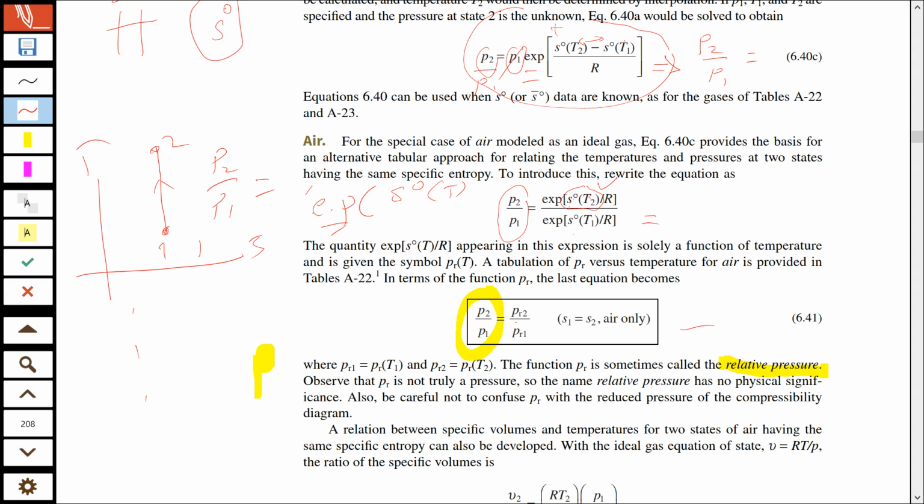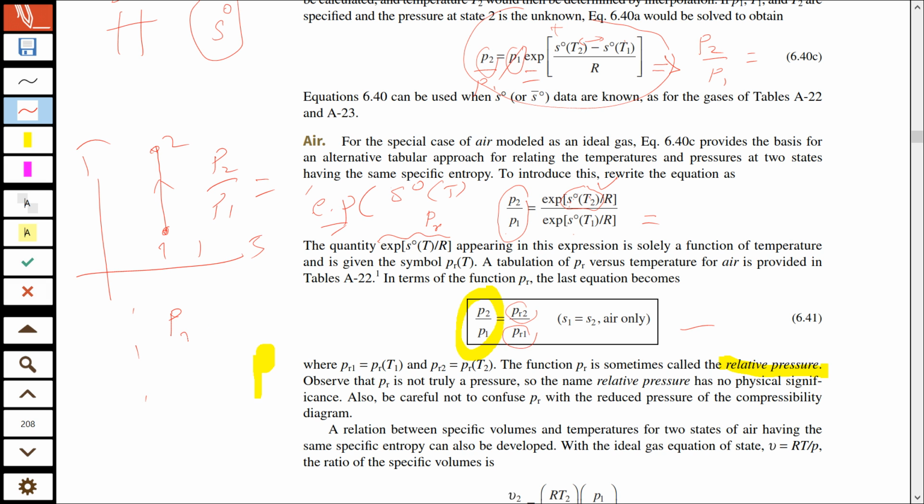which we already discussed. s naught is some complicated integral. So just to tabulate this exponential, you give it a name. Instead of writing this exponential every time, you just refer to it as PR. Because this is T2, you have PR2, and then you have PR1.